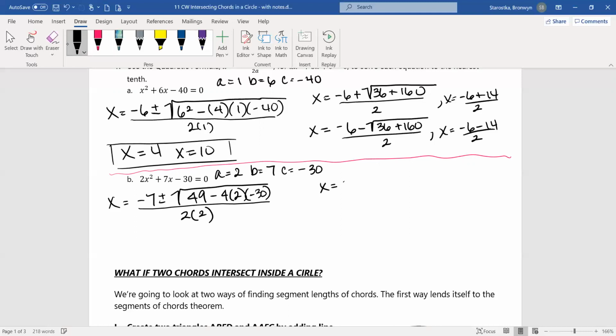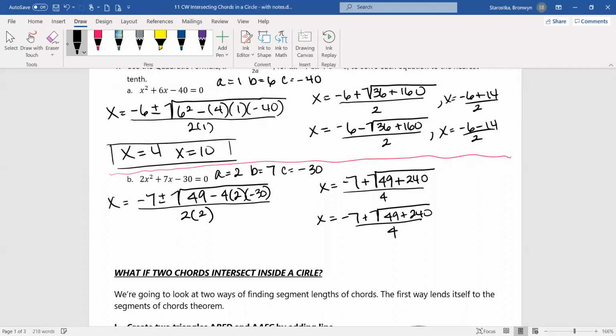x equals negative 7 plus, so we're going to break it into the two equations, 49 plus 4 times 2 is 8, 8 times 30 is 240, divided by 4. x equals negative 7 plus the square root of 49 plus 240, divided by 4.